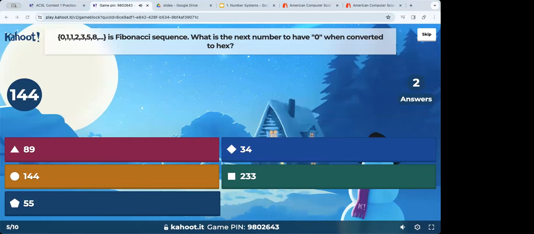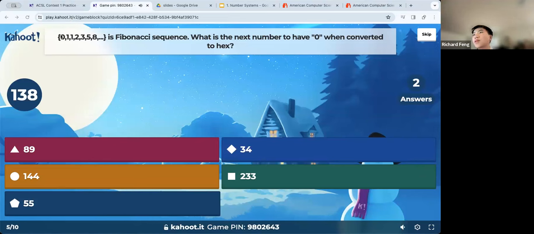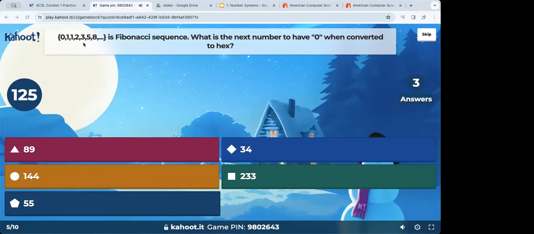So what does it mean, what is the next number to have 0? The first number to have 0 is obviously 0, so that would be too easy. So the question is asking, what is the next number after 0 that has a 0 in it when converted to base 16? Oh, okay, thanks.